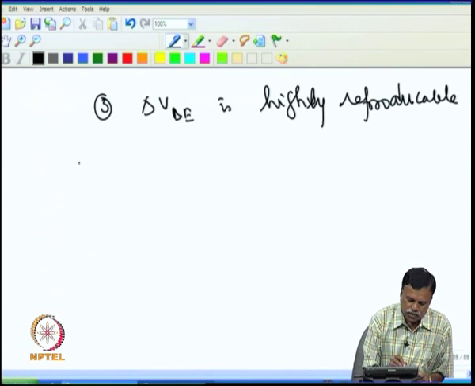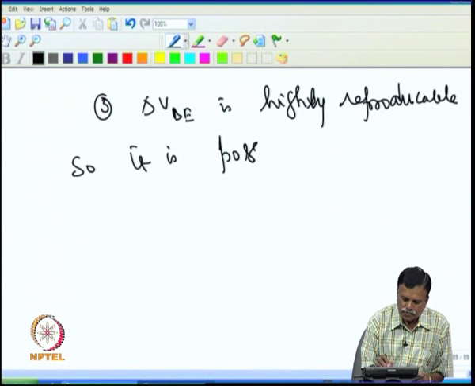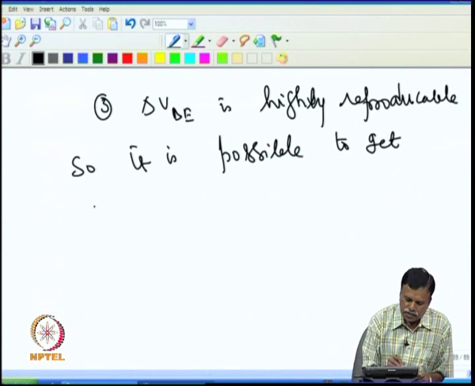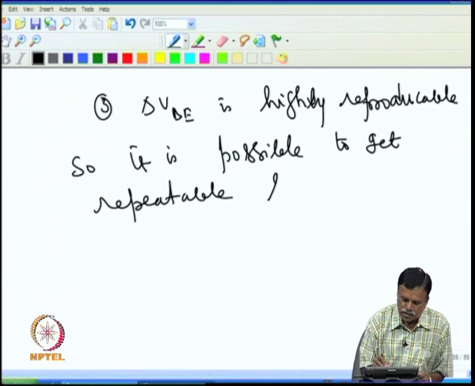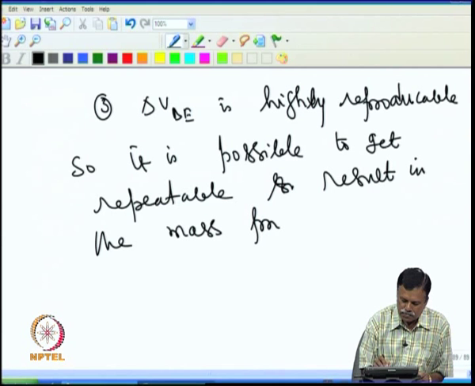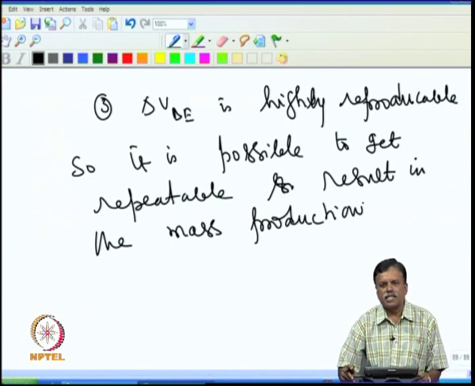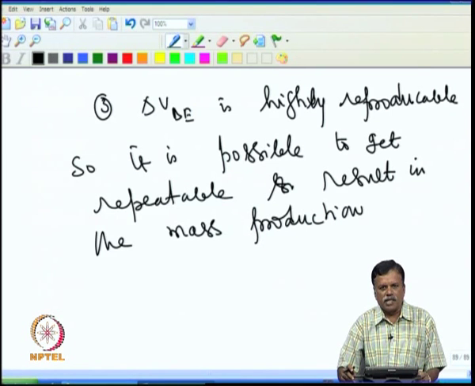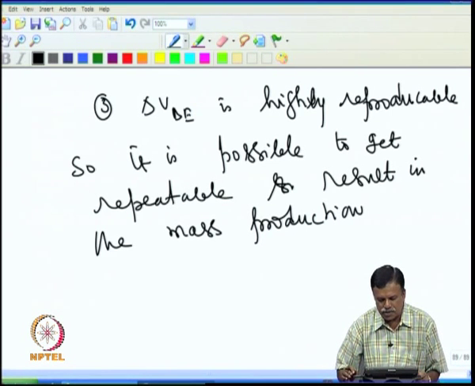So, it is possible to get a repeatable result in mass production. That is why the transistor is used extensively for temperature compensation.